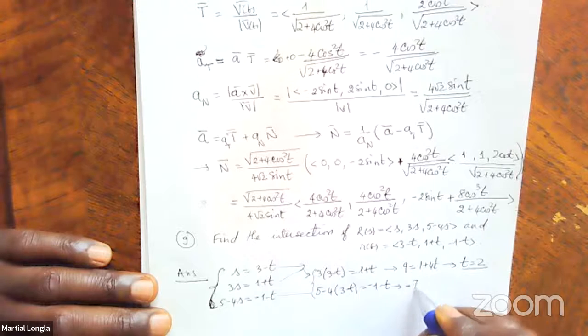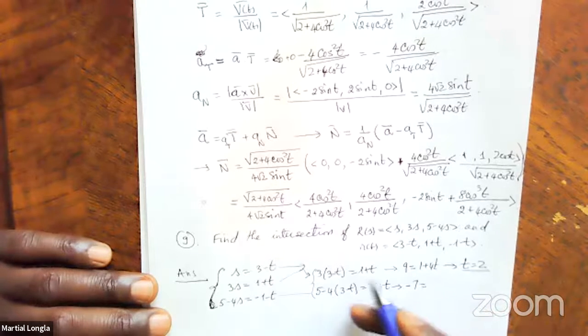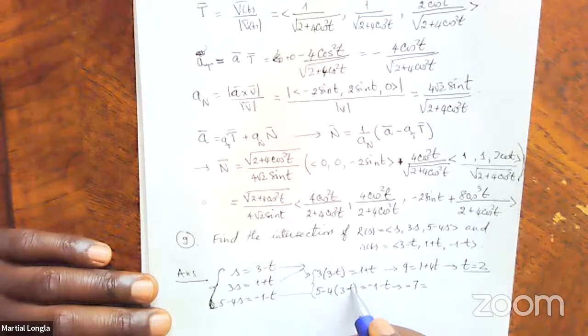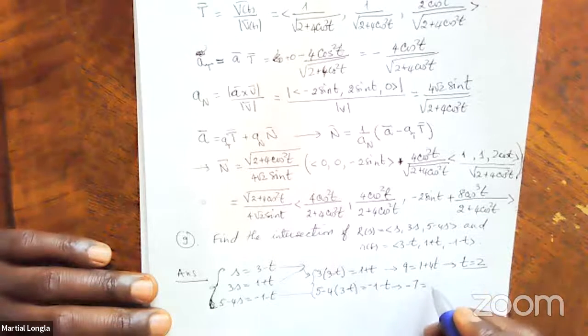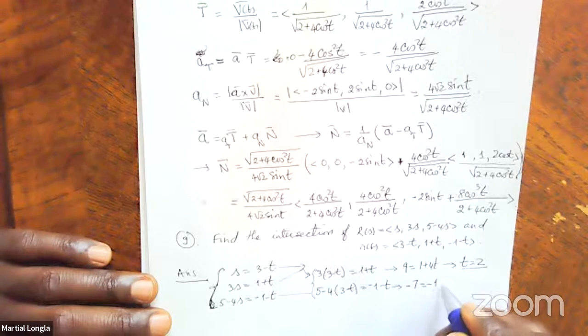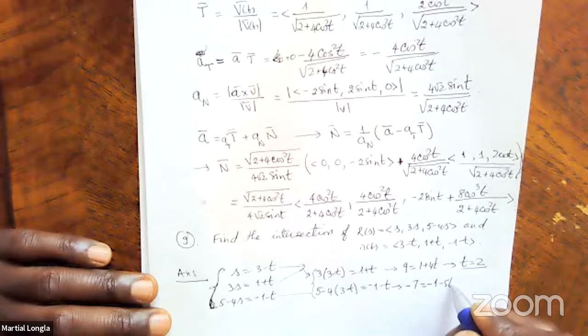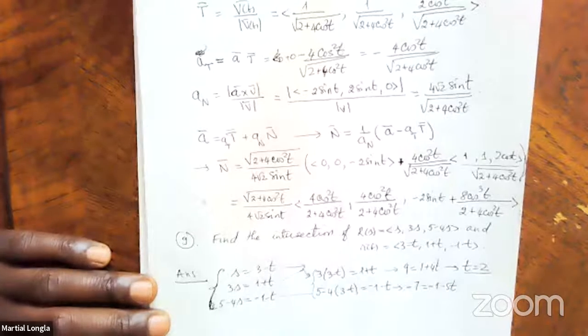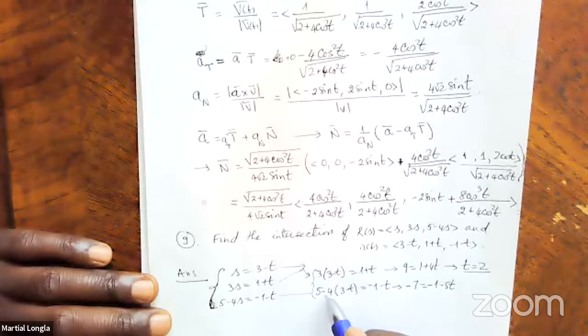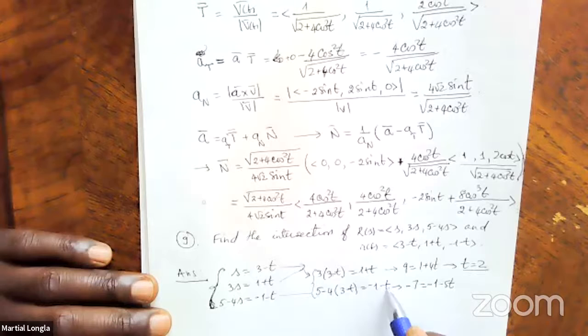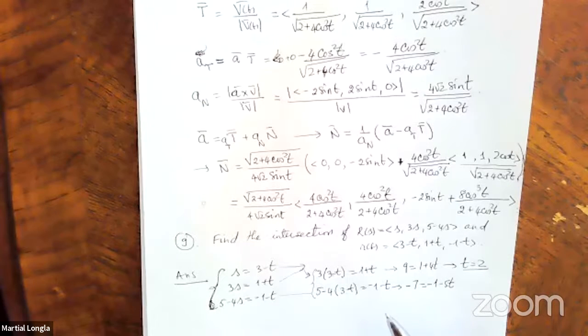That's minus 7 equals minus 1 minus 4t plus 4t, goes to negative t, becomes minus 5t.